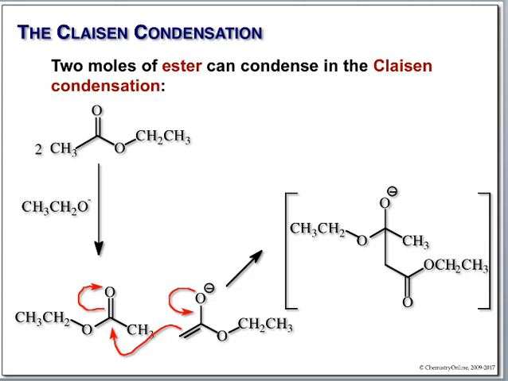Remember the tetrahedral intermediate from our chapter on acyl transfer. We have an oxyanion, and we have a good leaving group. The oxyanion will collapse, and the leaving group will go. What have we made?